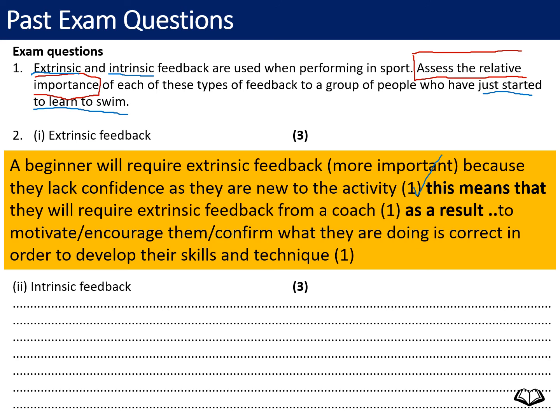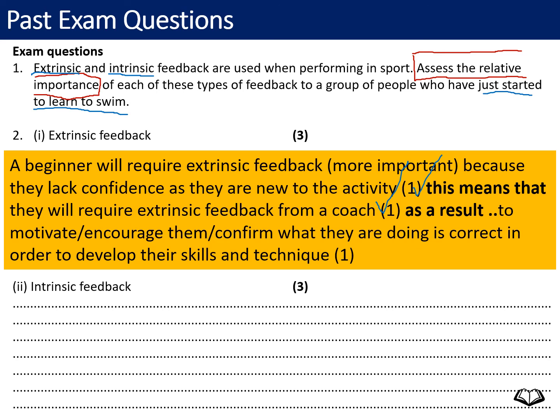Now, again, you will know that I'm constantly banging on about using these phrases: this means that, and as a result. So let's go. This means that they will require extrinsic feedback from a coach. Another mark, talking about where this feedback is going to come from, a coach. Now we have to double develop. It's worth 3 marks, so we have to go again.